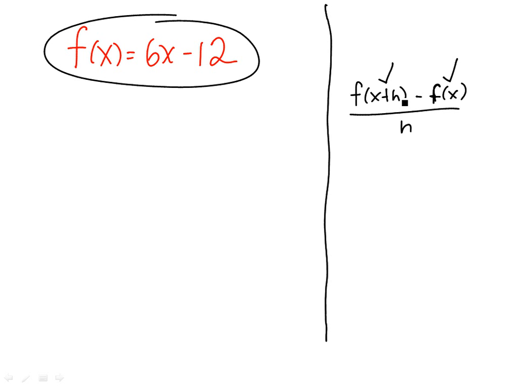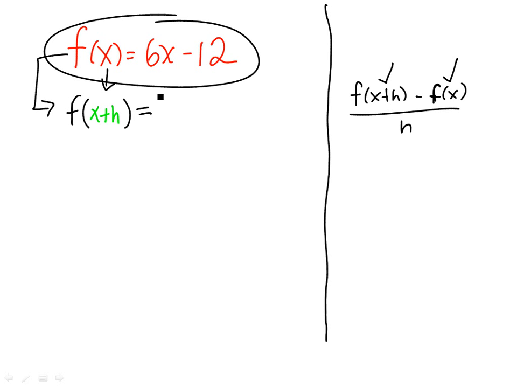Now, if f of x equals 6x minus 12, how do you evaluate this function at x plus h? Let me write that in green: x plus h. All we're doing is replacing the x's in the original function with x plus h.